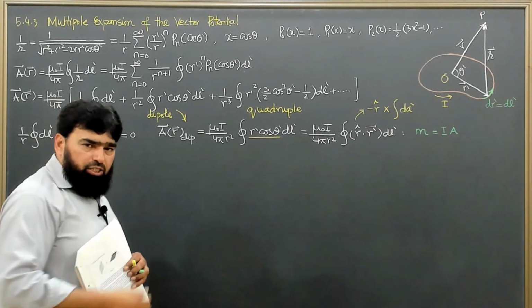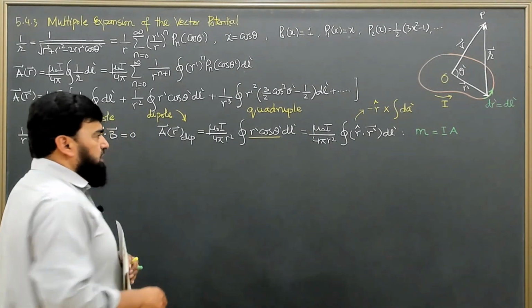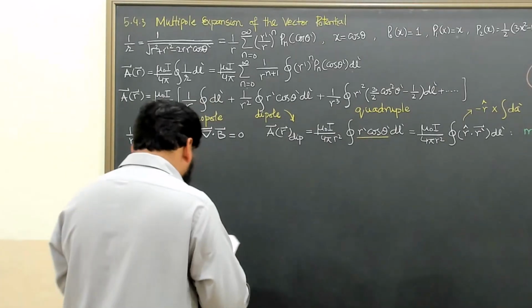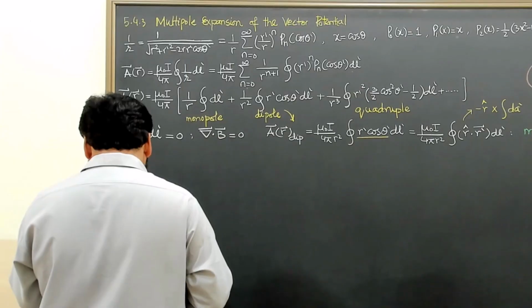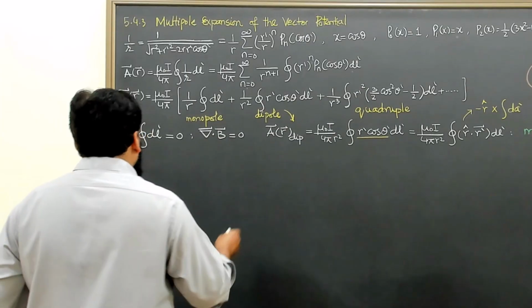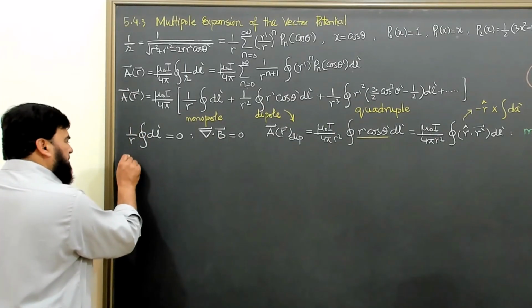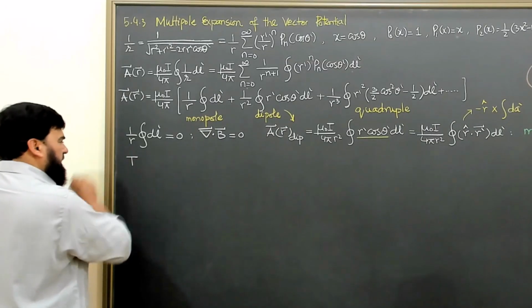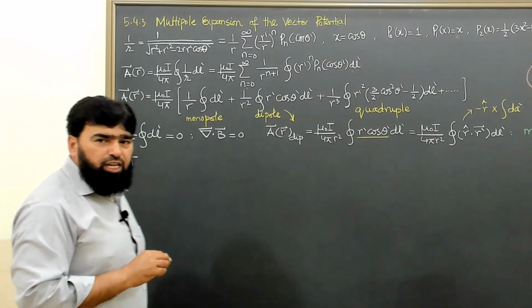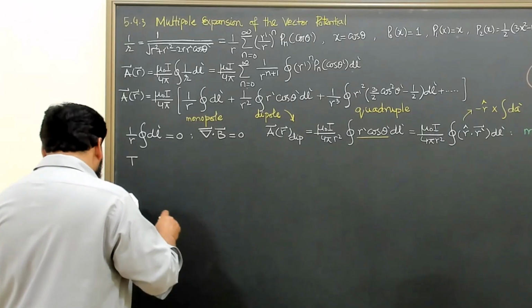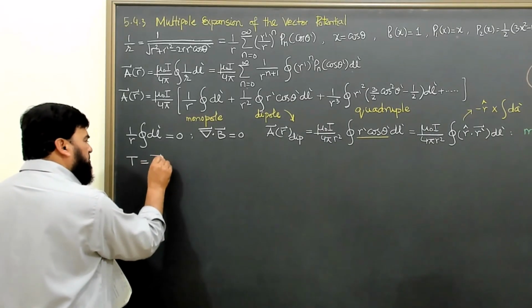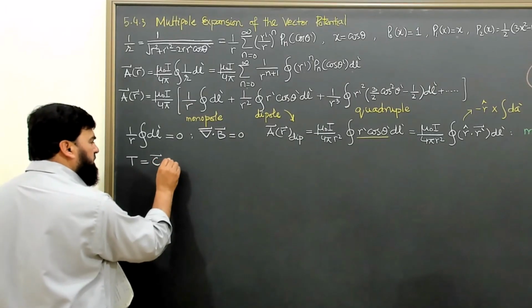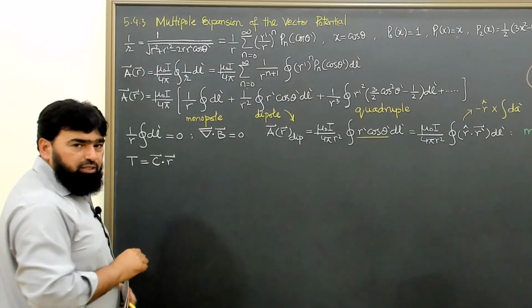And for that, let's start our calculation. So let's say we have a scalar function t, as we have used in the gradient, and I write it as a dot product between a constant vector c and the r vector.